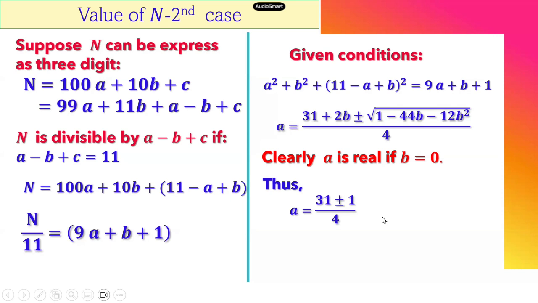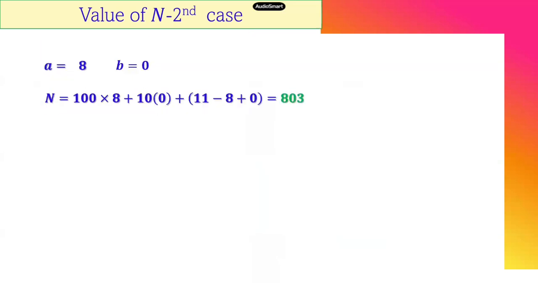So if you simplify it, then we get a equal 30 over 4 or a equal 32 over 4, which is 8. Now 30 over 4 is not an integer, so it is not acceptable. So therefore we now have the second case, a equal 8 and b equal 0.